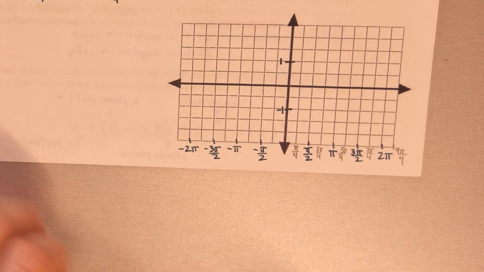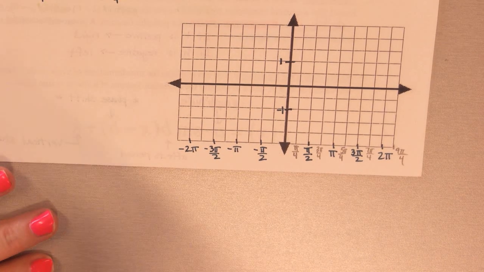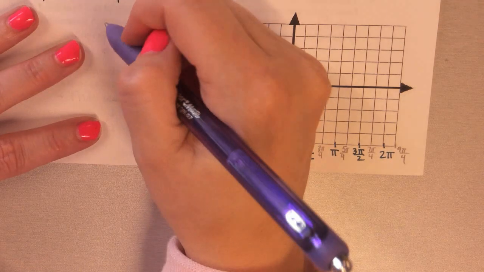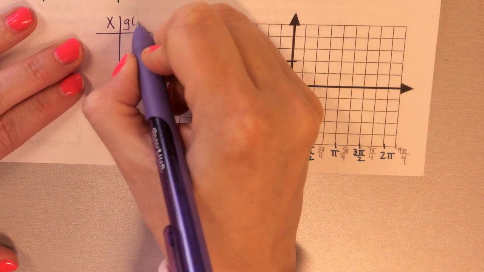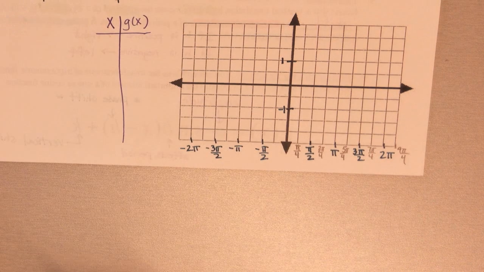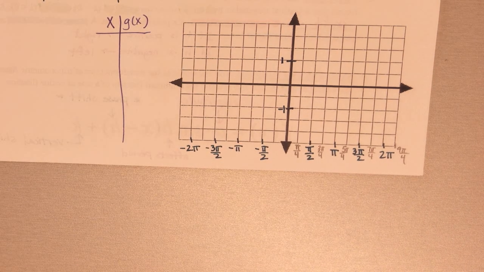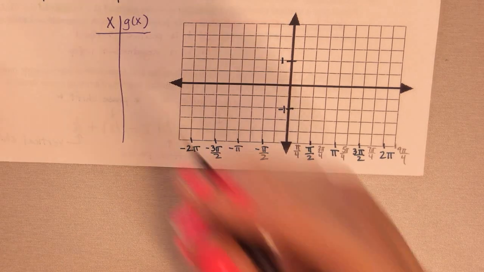So when you're doing your tables, and this goes for last night too, you should be setting them up in a way that's similar to what I'm doing. So it's x and then g of x, because our original problem is g of x equals the sine of x minus pi over 4. When you have sine, you normally start at 0, but now our 0 point has shifted.